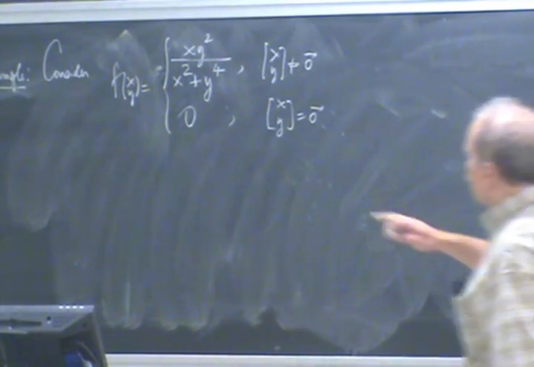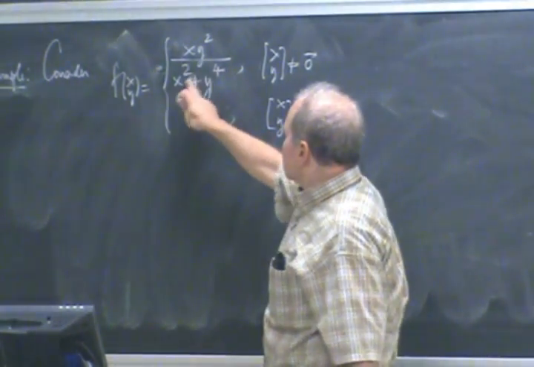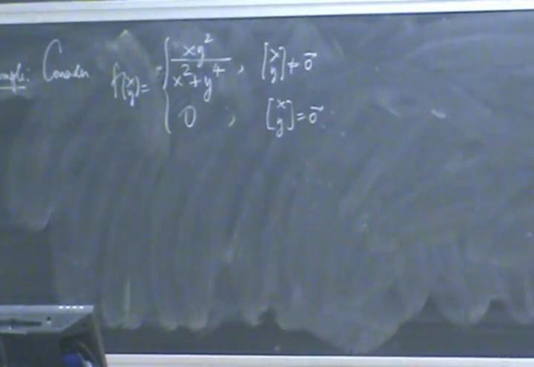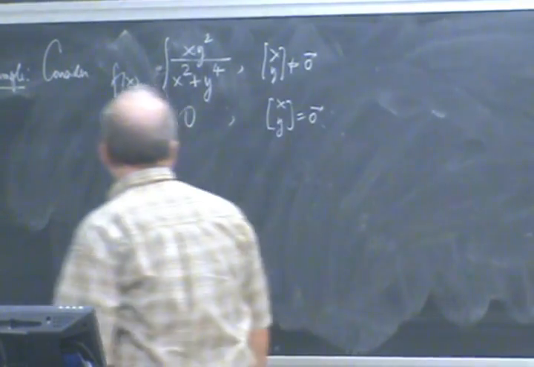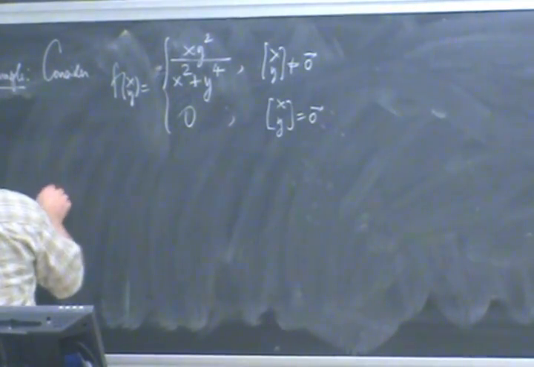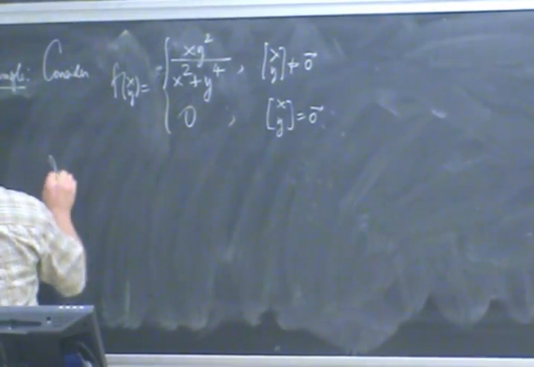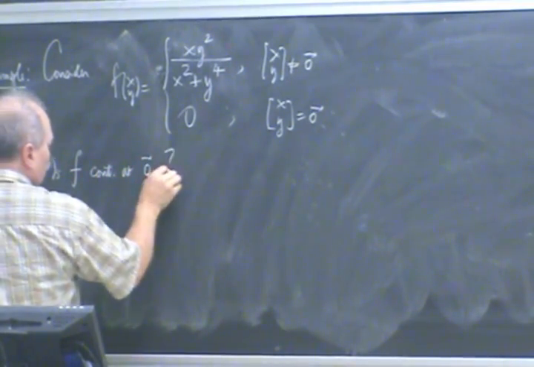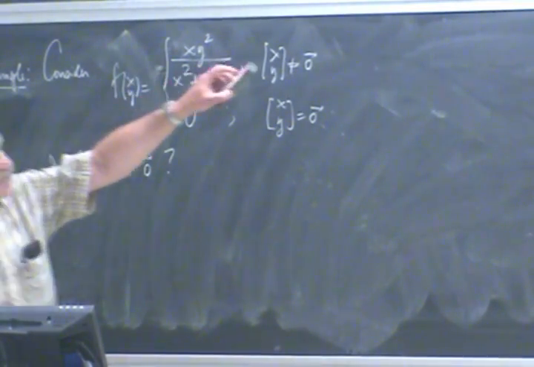Remember what we decided. When you see a pattern with the exponents like this, you should remember that we discussed this weird example, x equals y squared. So, is f continuous at the origin? You know the answer, but I'm going to apply what we just proved.